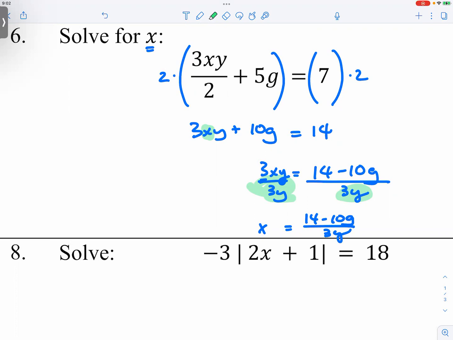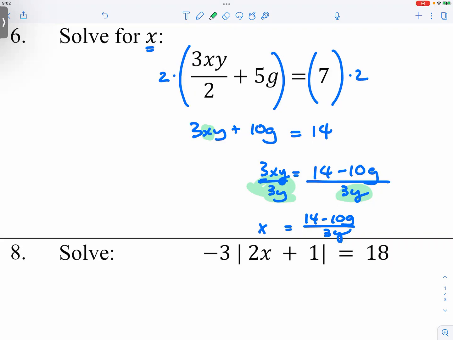Now, a special emphasis would be right here. Why do we divide by 3y? Because some people would say, why do we subtract? Why do we divide by 3y over here? Hold on. No, that's not the reason. It's not because we have subtraction on the other side already.